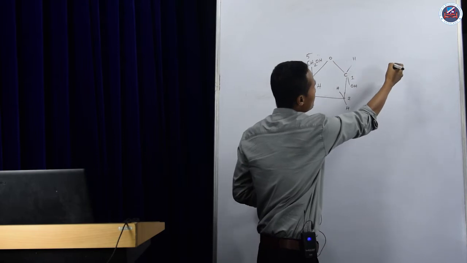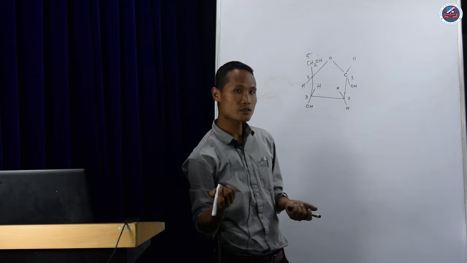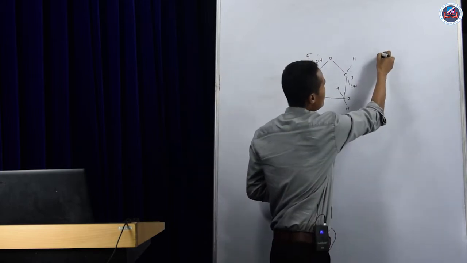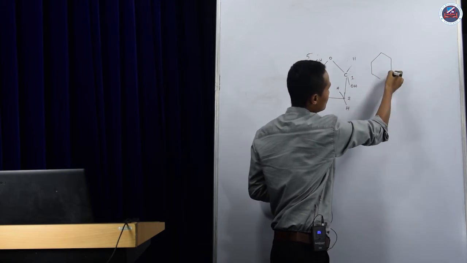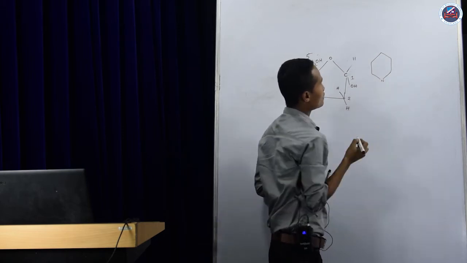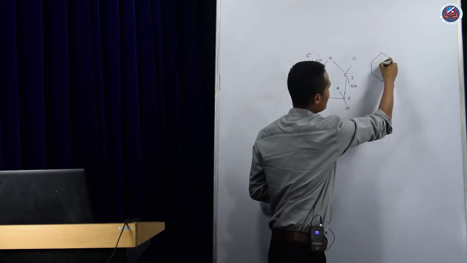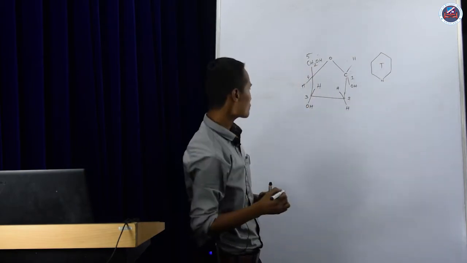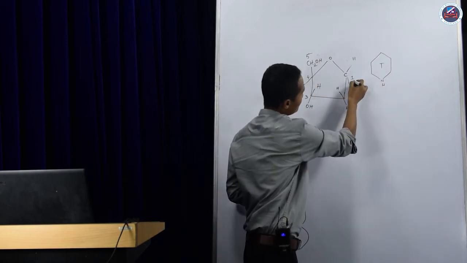Let me make one. It may be a purine or a pyrimidine. I'll make one pyrimidine, say this is thymine. Now, how do they form a bond?